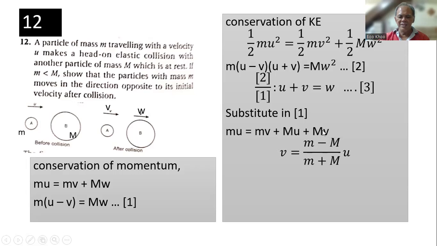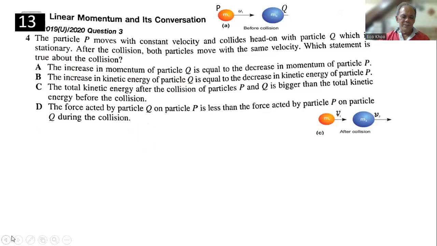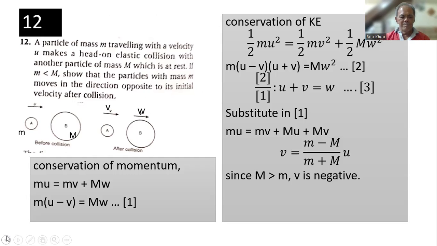We are interested in v. Take the v out. Take this one across there. So you got m minus capital M, and then this one is just m plus big M. Divide. So we can see that we are told already M is greater than m. So this is negative. That's how you show.